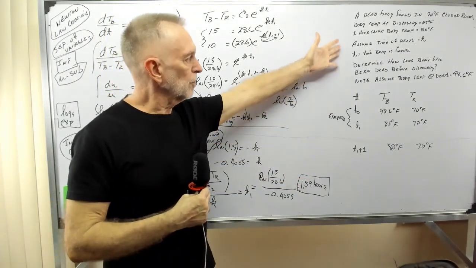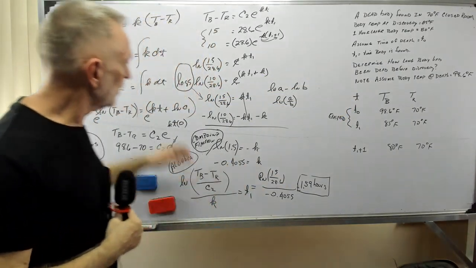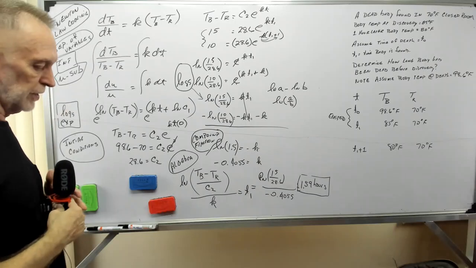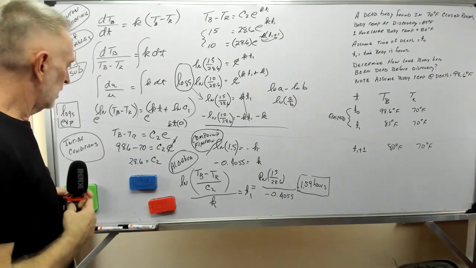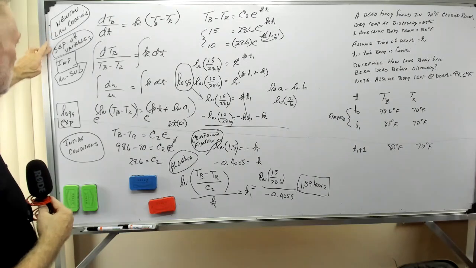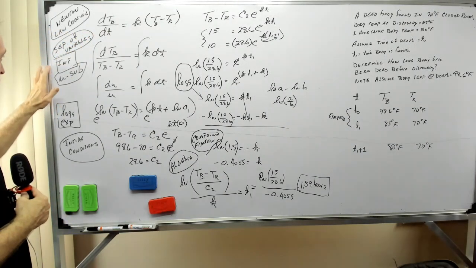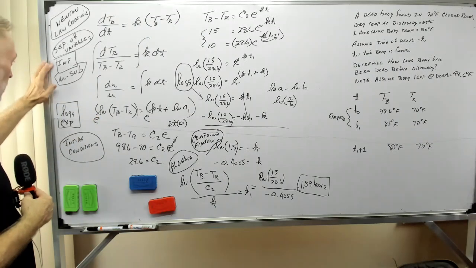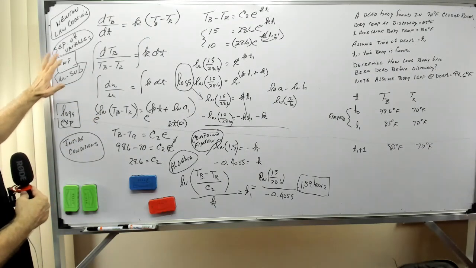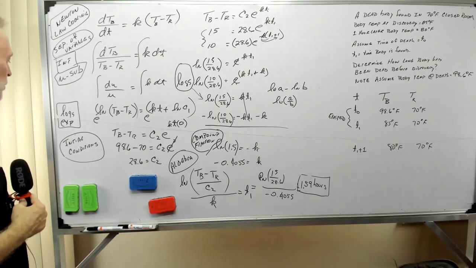Get to where you can read one, extract things out into a table, understand some of the physics that goes along with that. Because in this case, we had Newton's law of cooling, we did separation of variables, which was a differential equation technique for a very simple equation. We did integration using the U substitution.